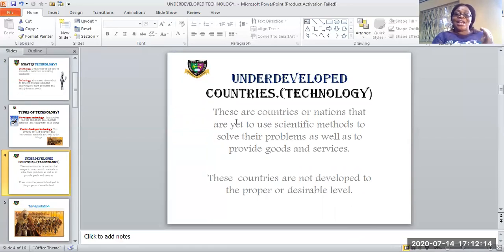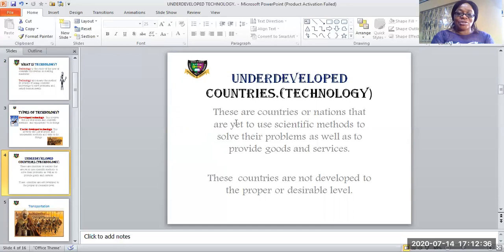Yes, beautiful. So we go. The underdeveloped countries, that is, they are not developed technologically. They are not developed. They are underdeveloped. They are still using their crude methods. They are using tools that are not scientific at all.